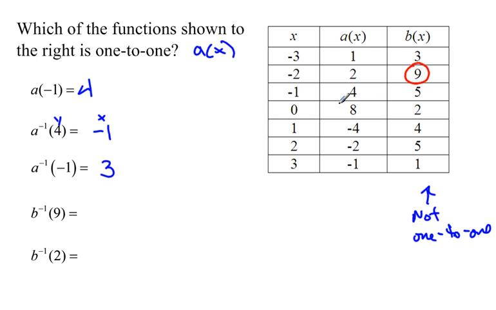So we take 9 and that matches up with an x value of -2. And then we can do the same thing with b inverse 2. This is where b equals 2, and so our answer is 0. The reason we're working backwards is because these are all inverse functions, so our input and output switched.